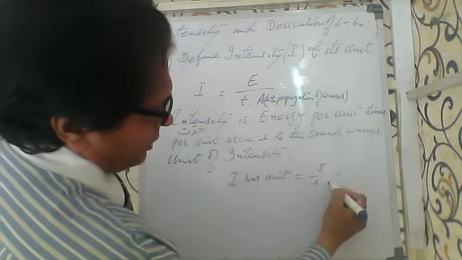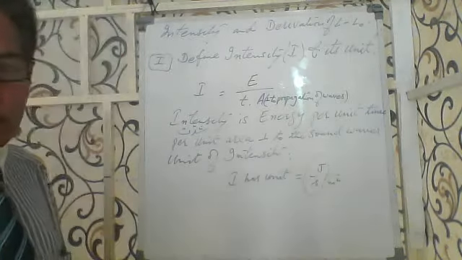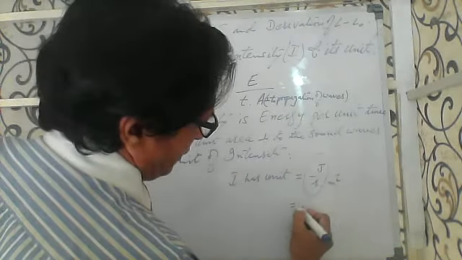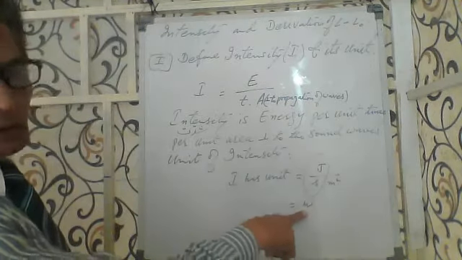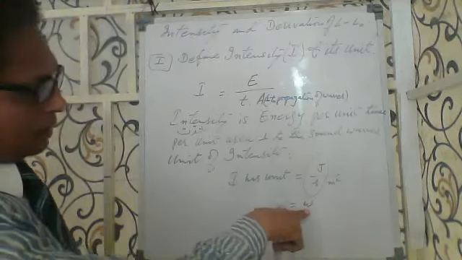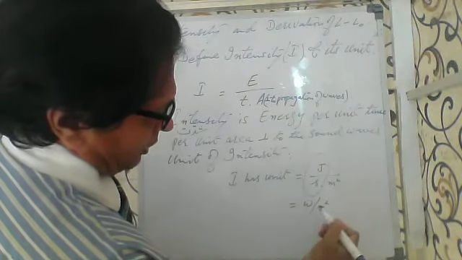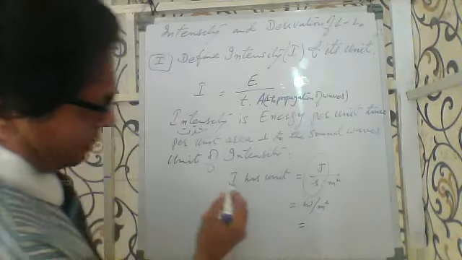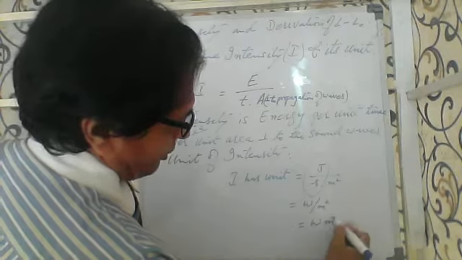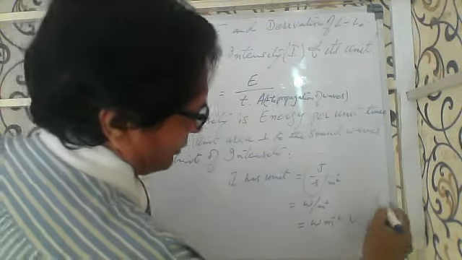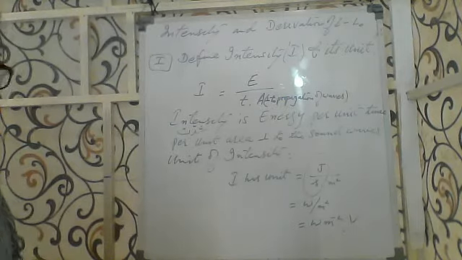Per unit of area, it is meter square. What is joule per second? It is basically watt. Joule per second is watt. And this can be written as per meter square. So we got the unit of intensity as watt per meter square.